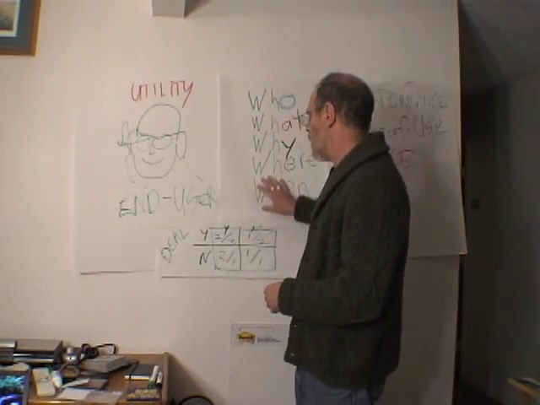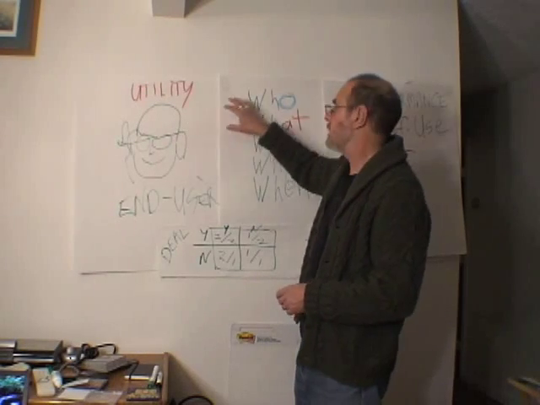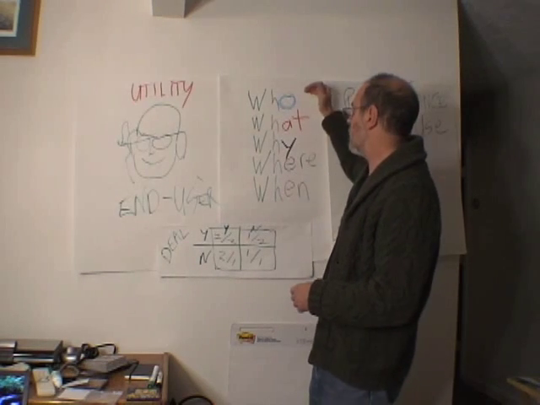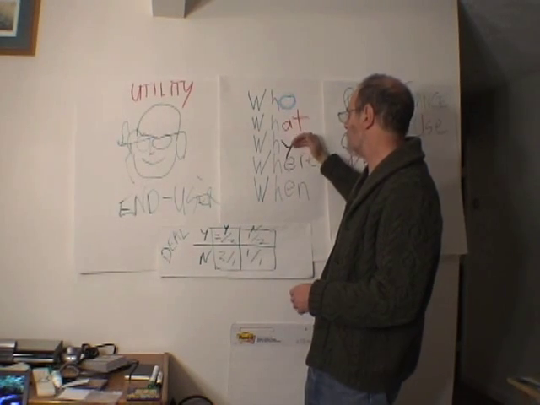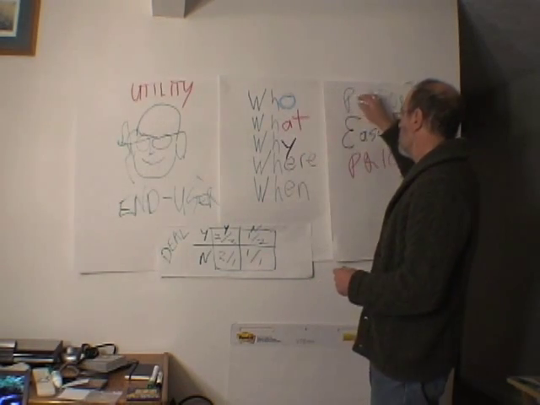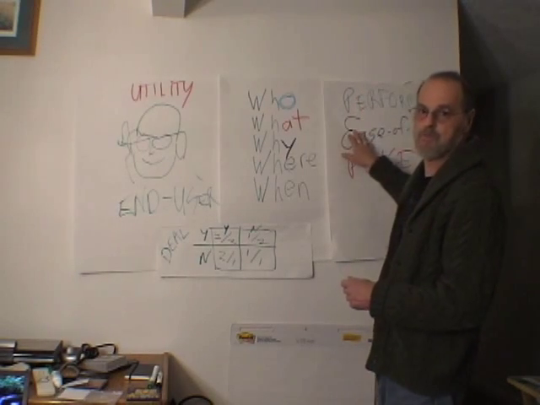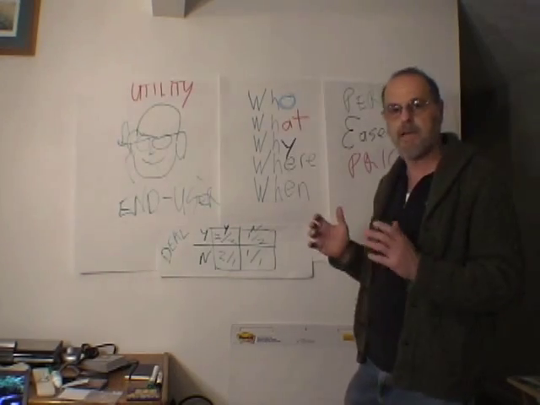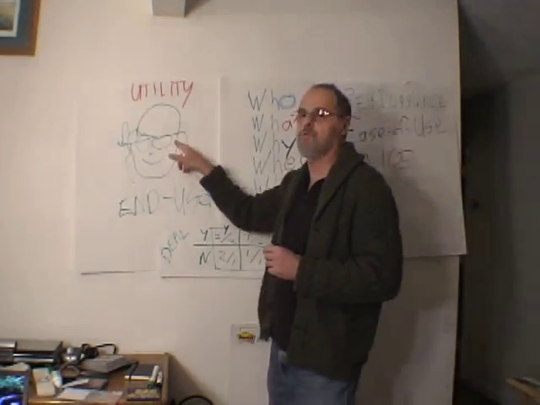Now, when I know what my end user wants in terms of the 5 W's, where they are, who they are, what they're doing, why they're doing it, where they're doing it, when they're doing it, I can begin to determine the price, performance, ease of use mix that will be the metrics that will determine what products have a competitive advantage for this end user.